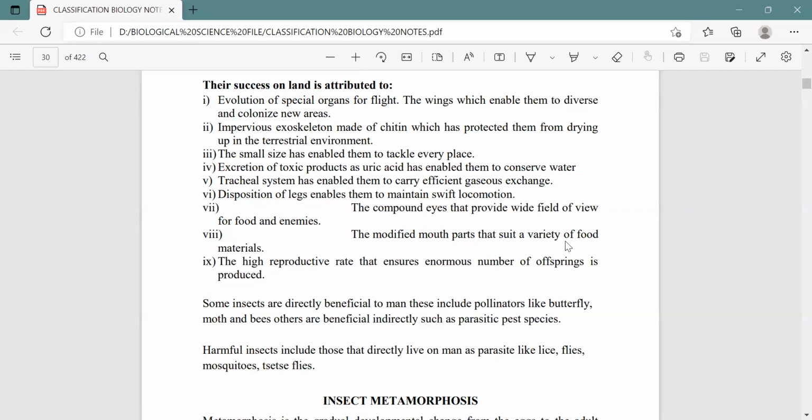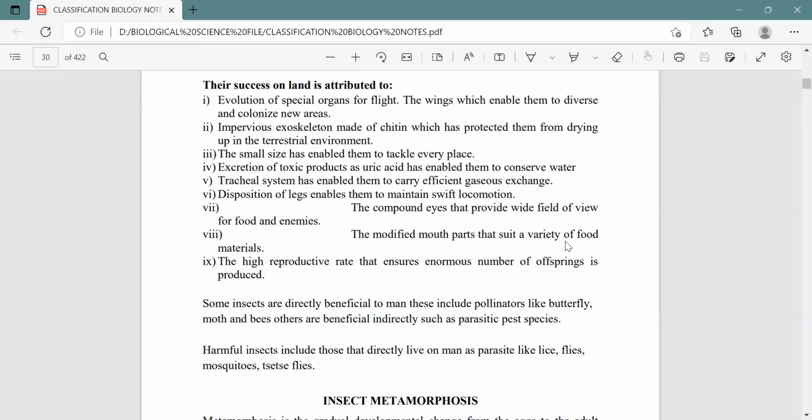So the problem of land animals is water. If you are living, for example, in a desert where water is scarce and dry conditions are more prevalent, how will you survive? You will survive by having a mechanism of water conservation. You do not easily lose the little water in your body. Otherwise, you will not survive in such an environment.